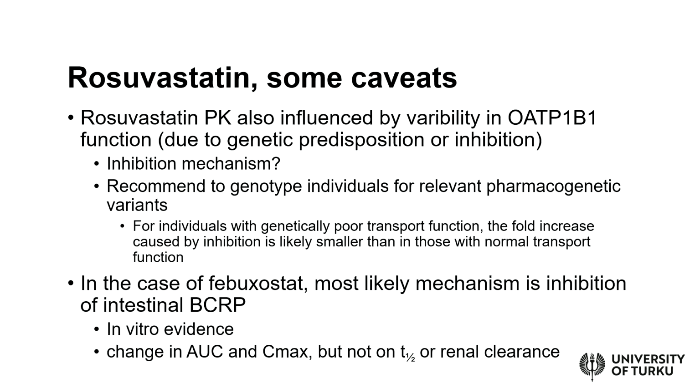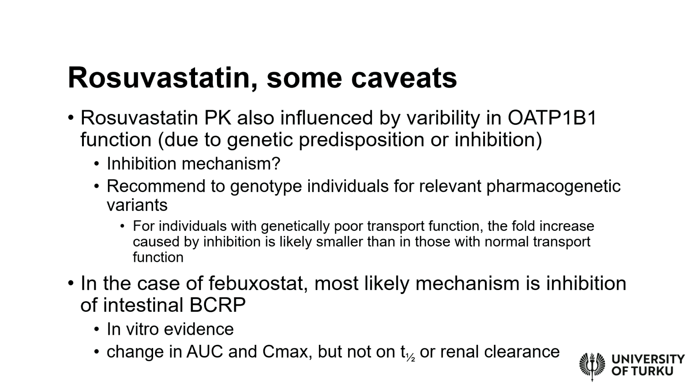If there are individuals with poor function of the transporters you are studying, you are not likely to see much of an effect on that transporter because it's already working poorly, so you cannot really inhibit it anymore. Or if other transporters are working poorly that have an impact, then it can have an impact on your results. So it's good to see if pharmacogenetics is playing a role in the results.